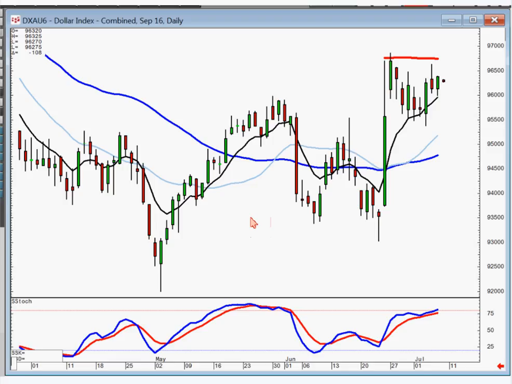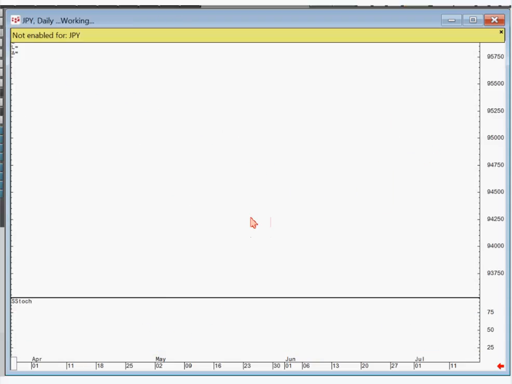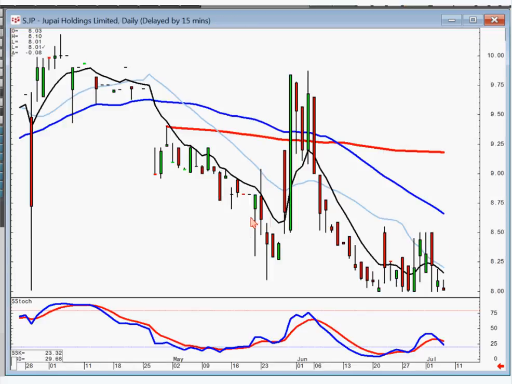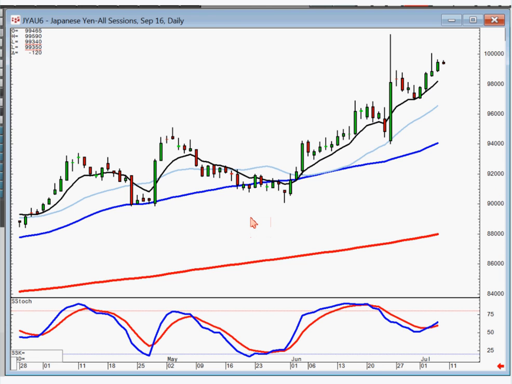Which means, let's see, I forget what symbol the Japanese yen is on here. Japanese yen doing a steady uptrend.